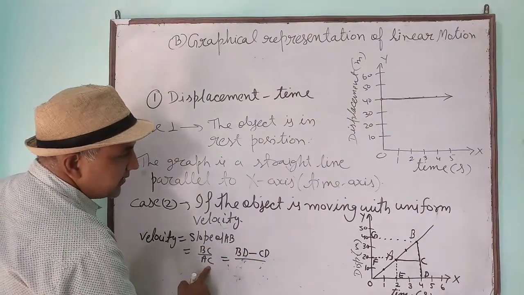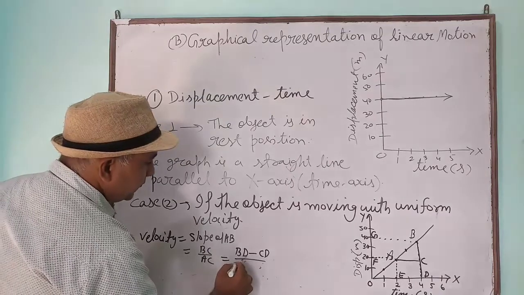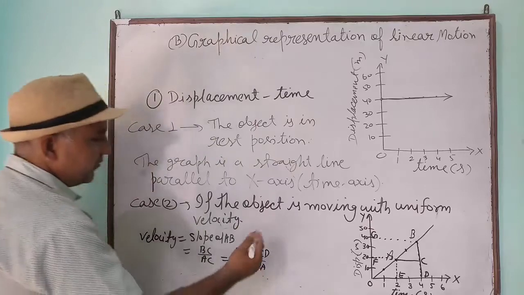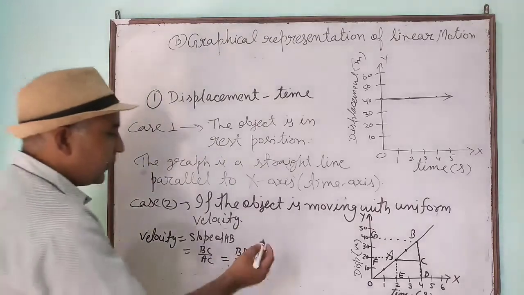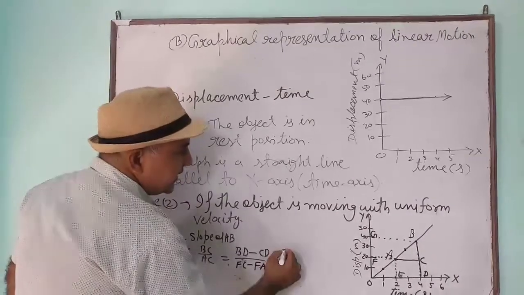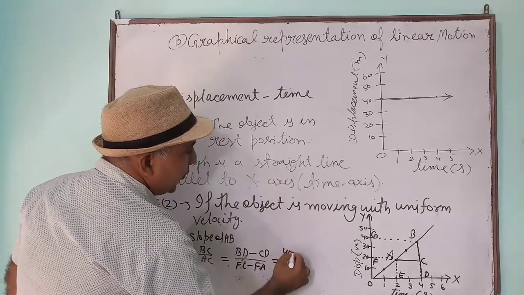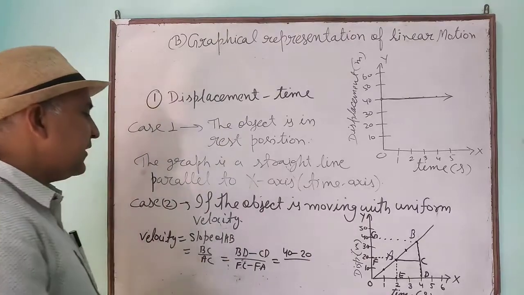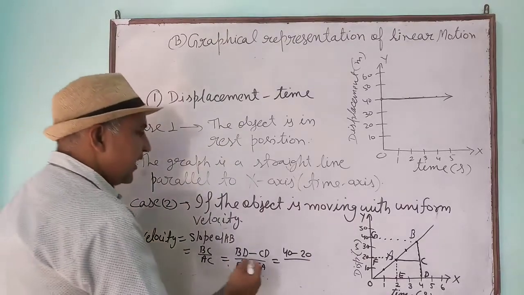Similarly, how to find AC? From FC, if we subtract FA, we can get AC. Now from the graph, put the values. BD is 40 minus 20. 20 is CD, while BD is 40. FC is how much?